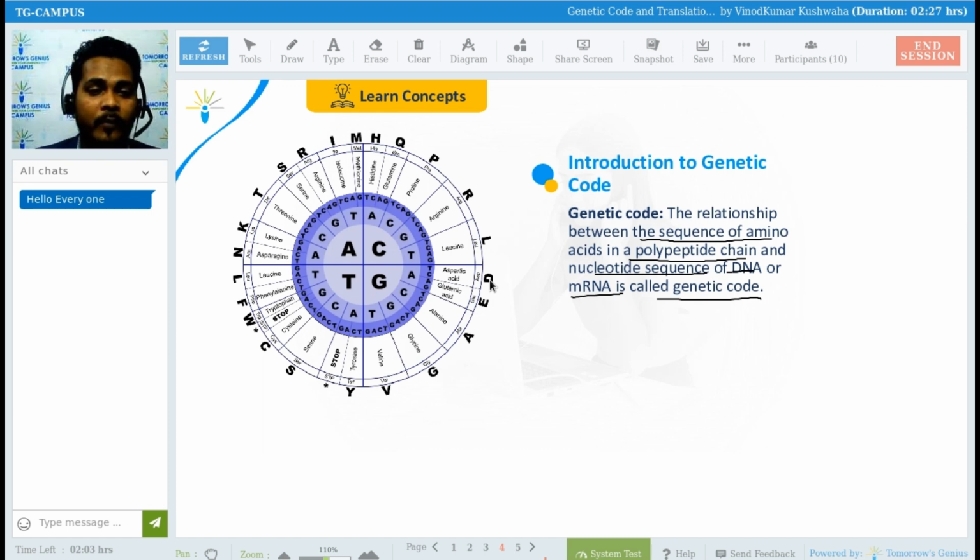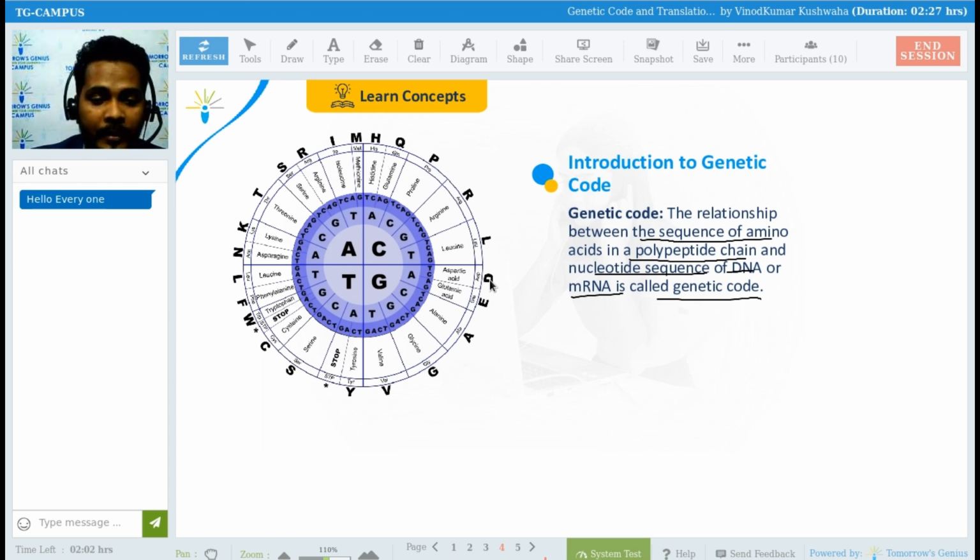So therefore there are some scientists who hypothesized, or we can say they formulated, or they assumed. So what are those scientists who hypothesized?